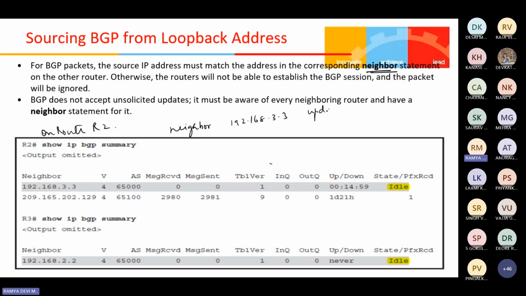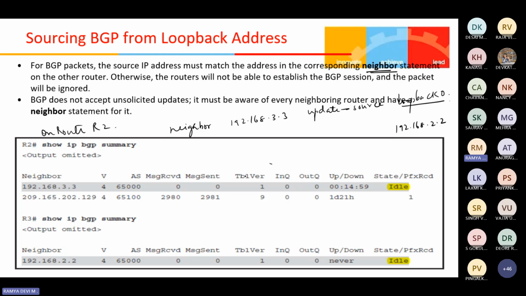Okay, so I'll say update-source loopback 0. This will force R2 to source BGP packets from its loopback 0 address. What is the loopback address? That is 192.168.2.2. Without this, the BGP packets may use the physical interface IP. This will cause a mismatch.